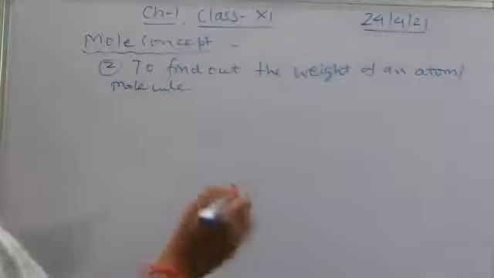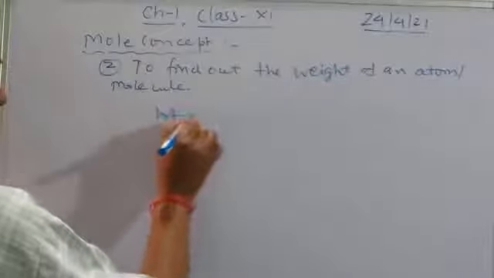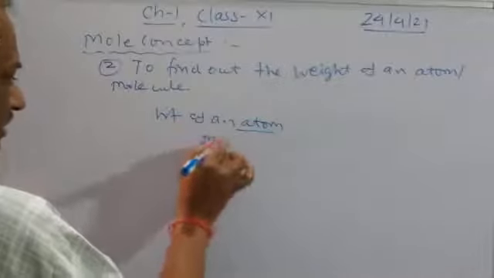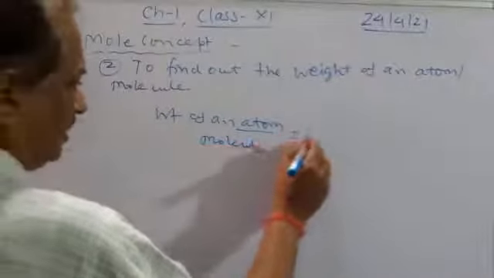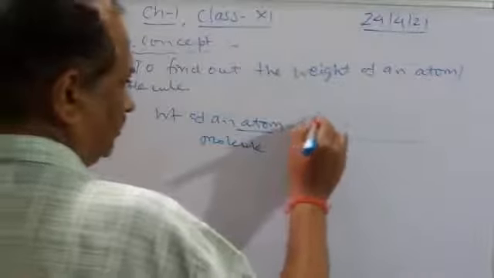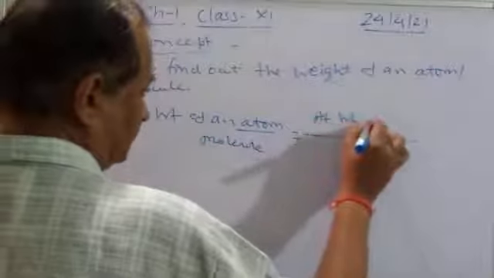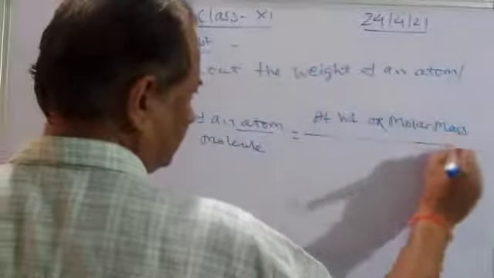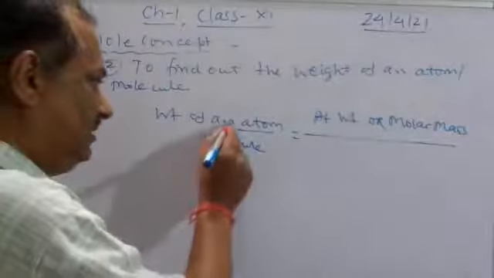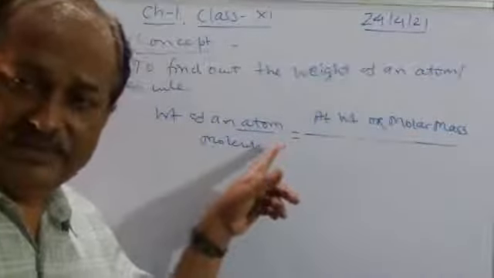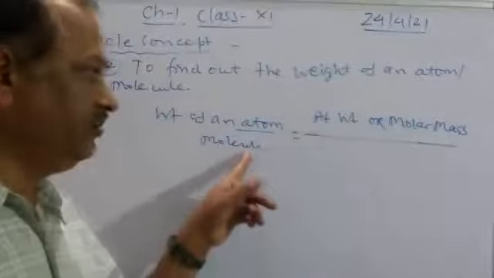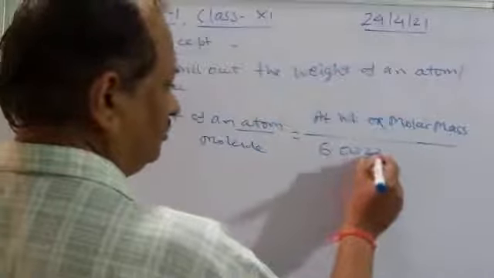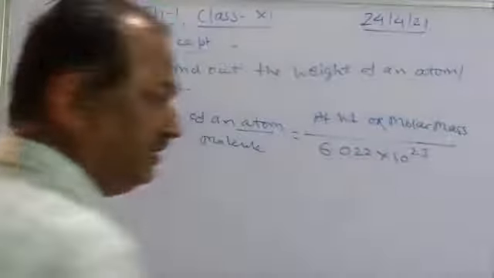Simply, children, the weight of an atom or molecule will be equal to the atomic weight or molar mass. If it is an element, as I have written here atom, it will be the atomic weight. If it is a molecule, then it will be molar mass upon 6.022 into 10 to the power 23.